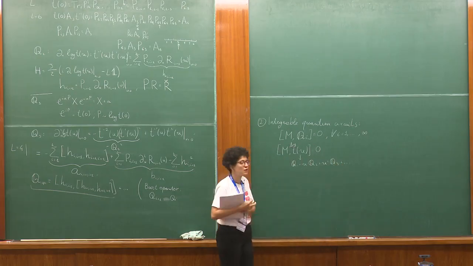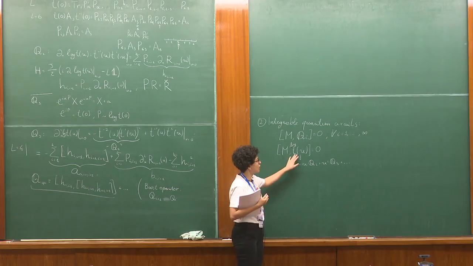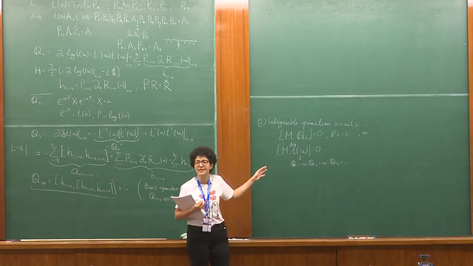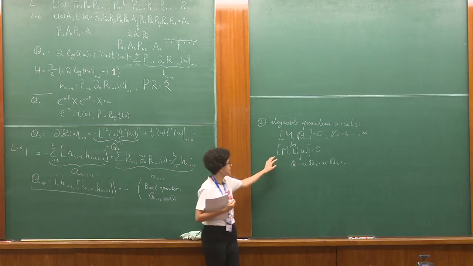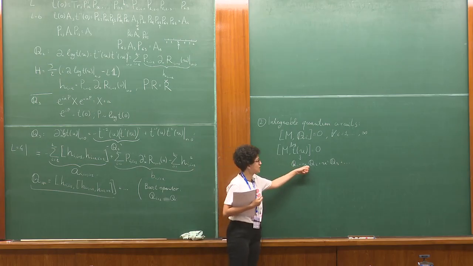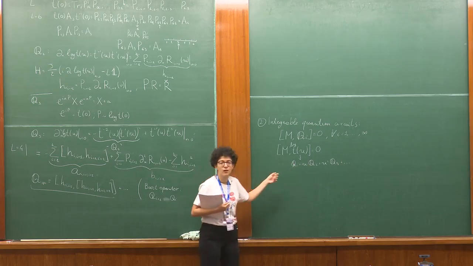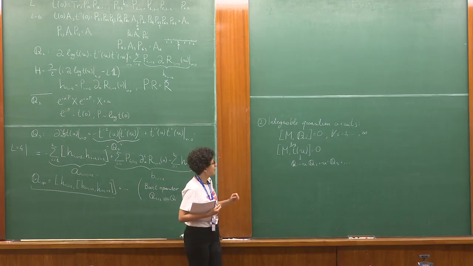If we manage to find an M which commutes with log of T(U), then we are happy. We constructed a circuit that is integrable, because this commutation relation works for any order in U. And this is exactly what they did in that paper.